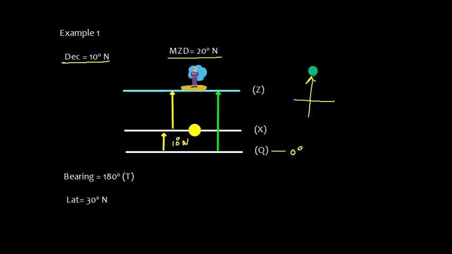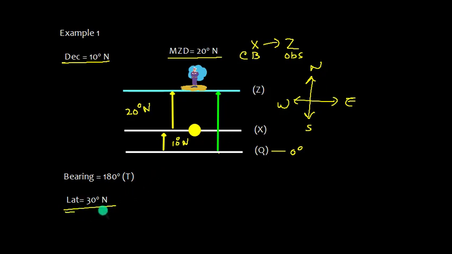If you go up, this is north side, this is south, this is east and this is west. Now, meridional zenith distance is given from X to Z. Actually, X is the celestial body and Z is the observer. So, from celestial body to observer, X to Z, that is 20 degrees north. So, obviously, from equinoctial to the observer is going to be 10 plus 20, that is 30 degrees north.